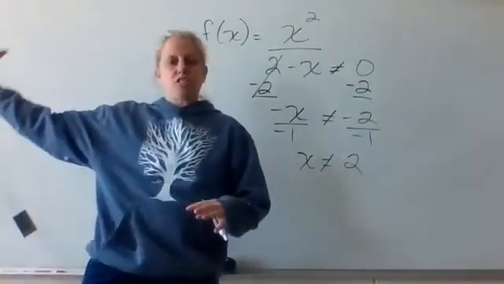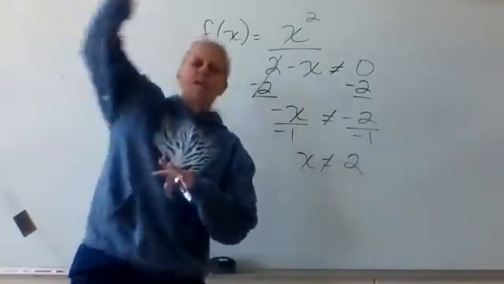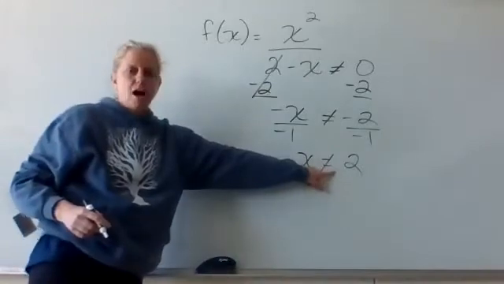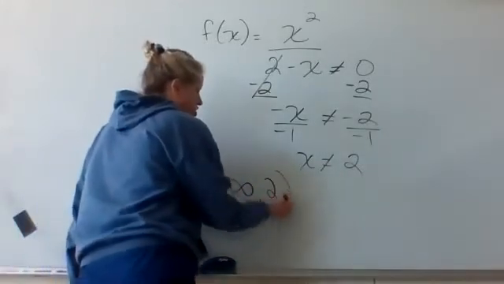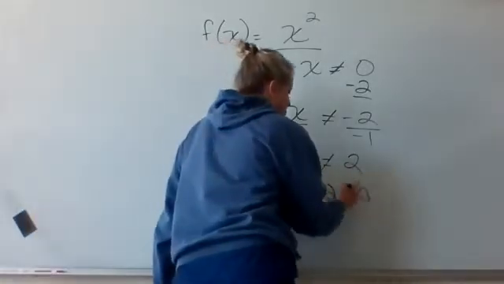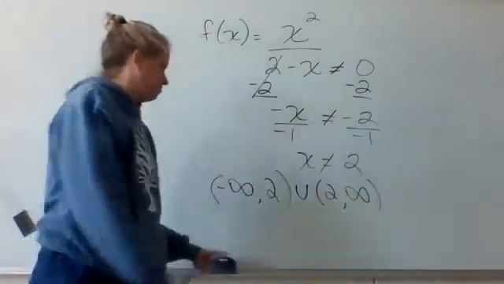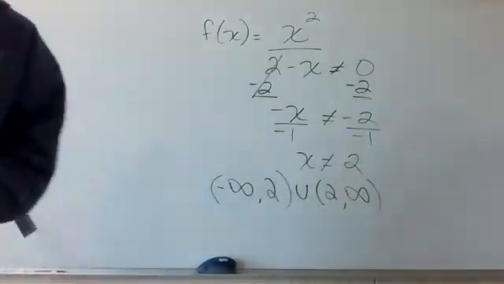Interval notation talks about all the parentheses and the infinities, all the way from the bottom end of the number line to the top end, except positive 2. So the way you would write that is negative infinity to 2, and 2 to positive infinity. So that's everything from negative infinity to positive infinity, excluding that positive 2.